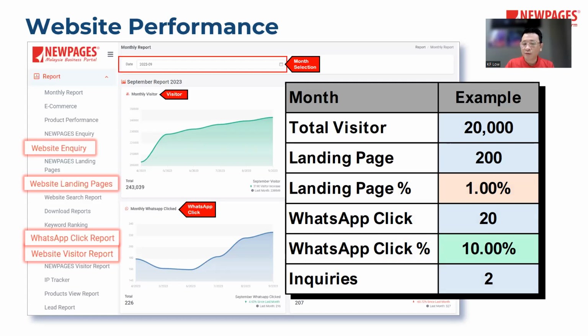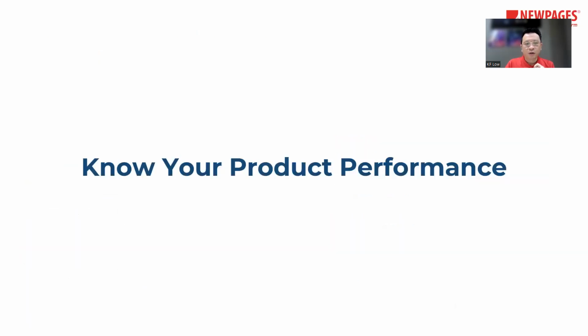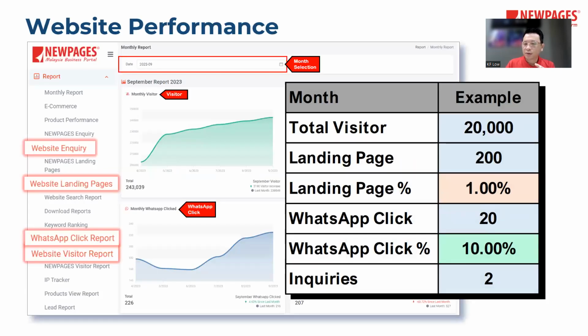So if you don't have many inquiries, but you do have WhatsApp clicks, that means your customers prefer to communicate with you through WhatsApp. All right. So I just give you some examples. You all just take note of this Excel first, because later on I will give you all some samples, and then you all can look at it. All right. So let's take a look.